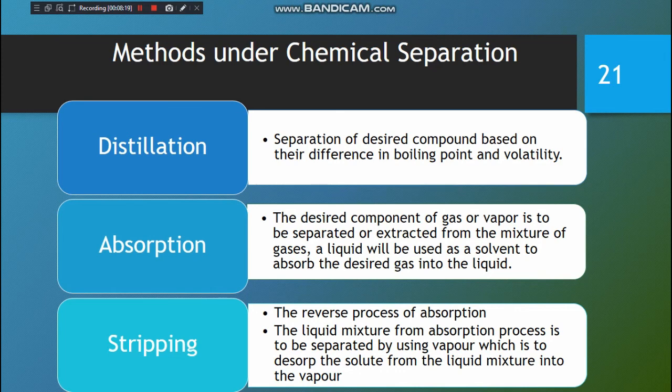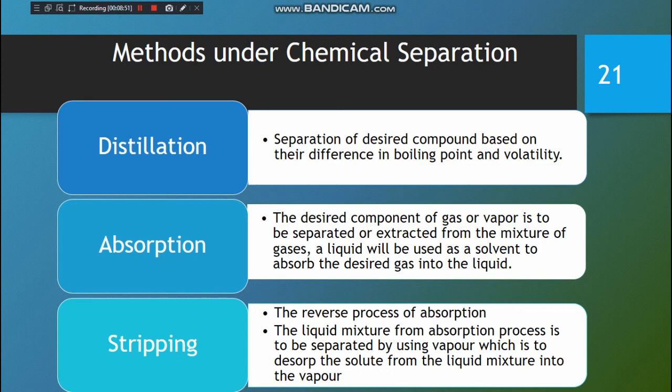From these two descriptions of absorption and stripping, it can be said that stripping also involves two phases, which are the liquid, consisting of a mixture of the liquid solvent used for absorption and the solute absorbed into the solvent, and the vapor that is to dissolve or strip the solute.